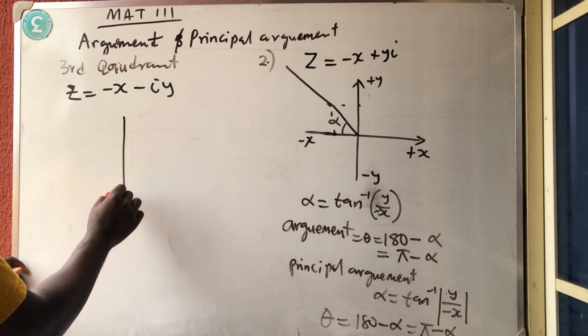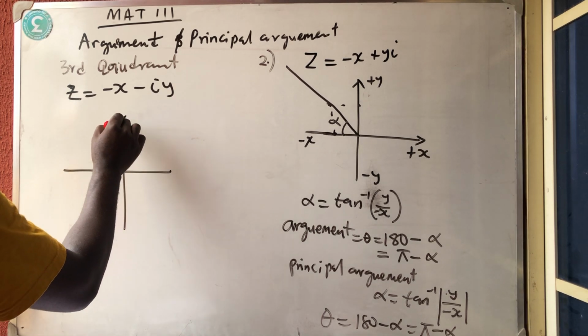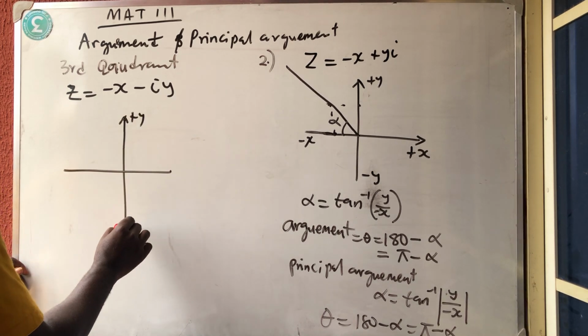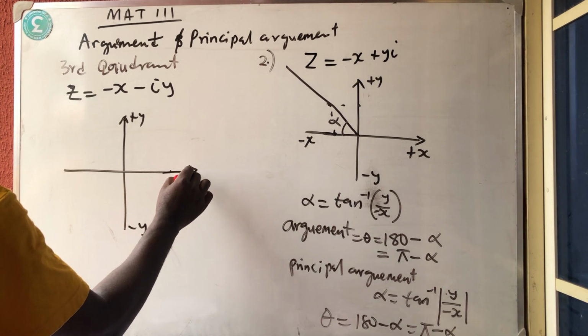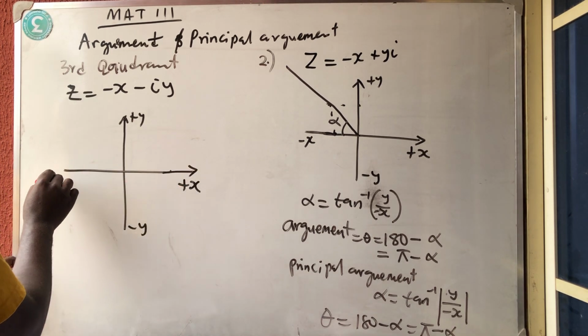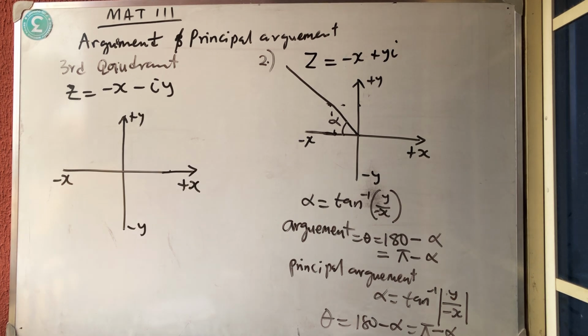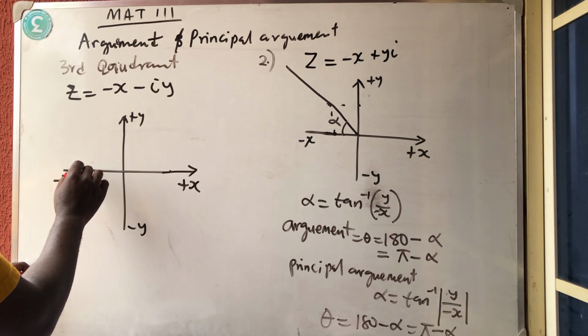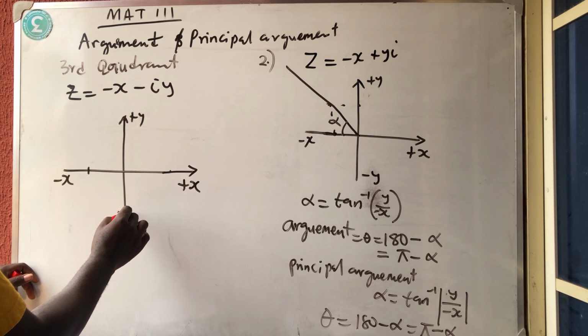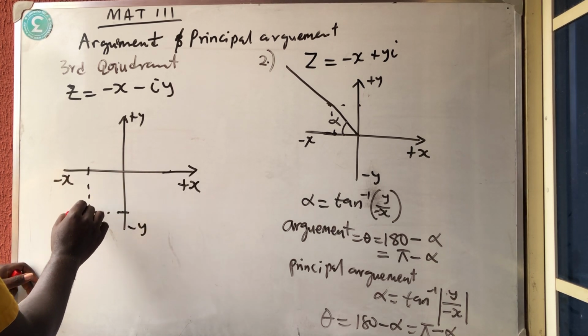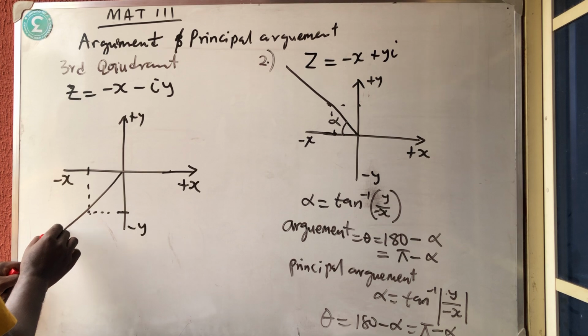Okay, so let us draw it now. This is plus y, minus y. You must draw it, plus x, minus x. So now, where is it going to fall? Here is the minus and here is the minus. If you trace both of them, it's falling here. So it fell at where?